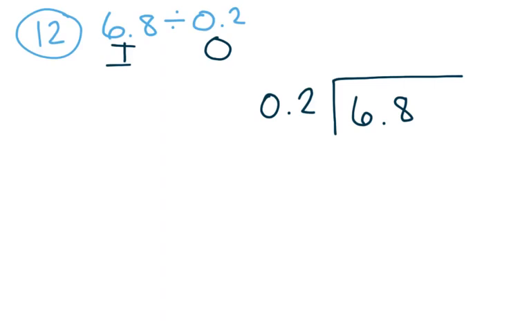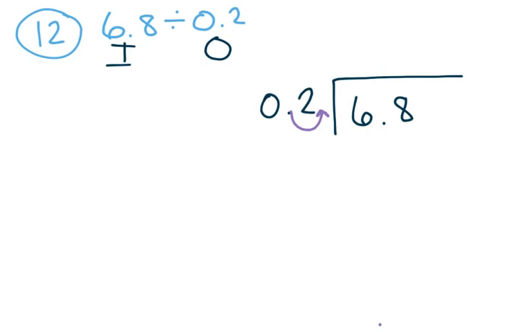So what you're going to do is move it until you make it a whole number. What that means is that you put it to the right of your number until there are no more numbers behind it. So here we move it one place, and now it becomes 2.